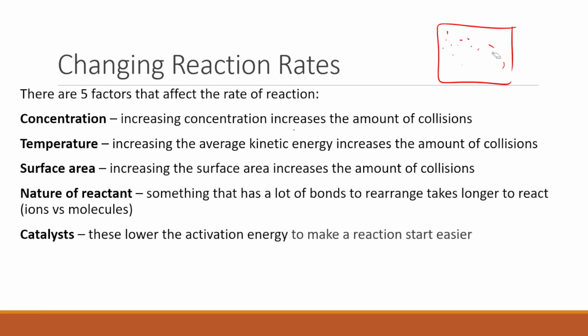But if there's only a small handful of them, if I erase most of these, if I just put 5 particles here, the odds of these things hitting each other are much lower. The more particles present, the more collisions will happen, the better the odds of a successful collision happening.